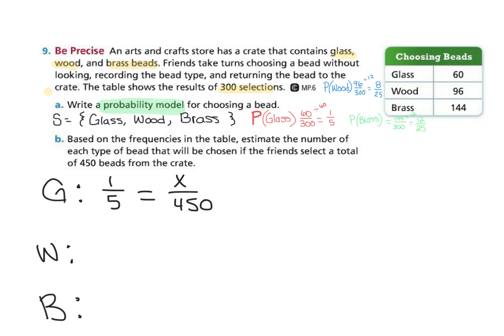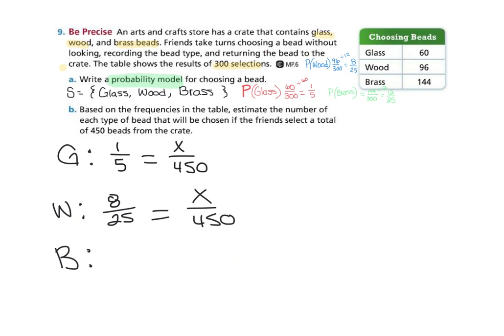For the wood, it would be our reduced probability from part A, which is 8 over 25. So 8 over 25 equals x over 450. And same thing for your brass. 12 over 25, and again, that came from part A, equals x over 450.